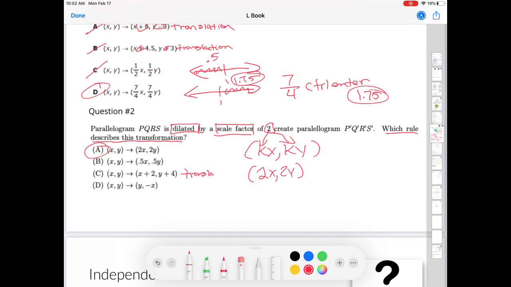So this is a translation. Remember, if it's plus or minus, it's a translation, so that is out. D is a rotation rule. Anytime the x and y switch, you automatically know it's a rotation. D is out. And B is wrong because 0.5 does not match the 2 up there. So 2x and 2y.